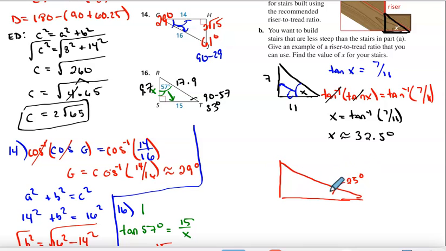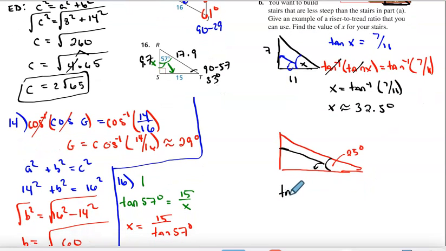Okay, so then opposite over adjacent. So the tangent of 25 degrees is equal to, let's see, tan of 25 is about 0.46.